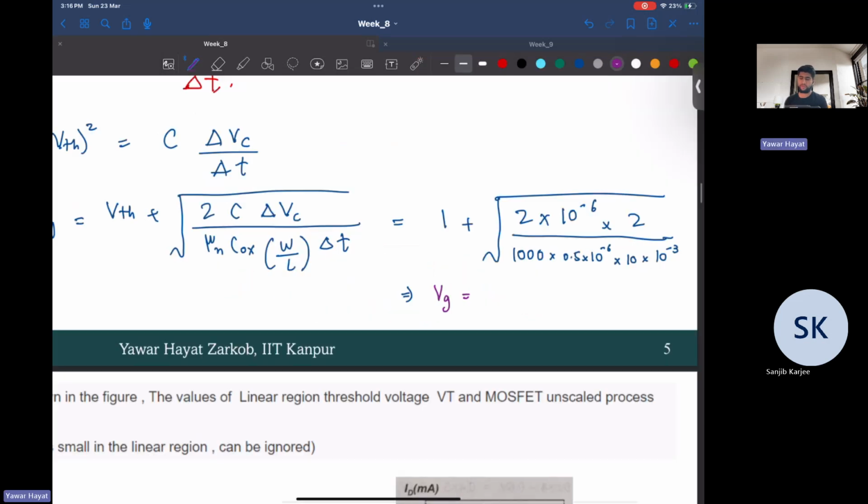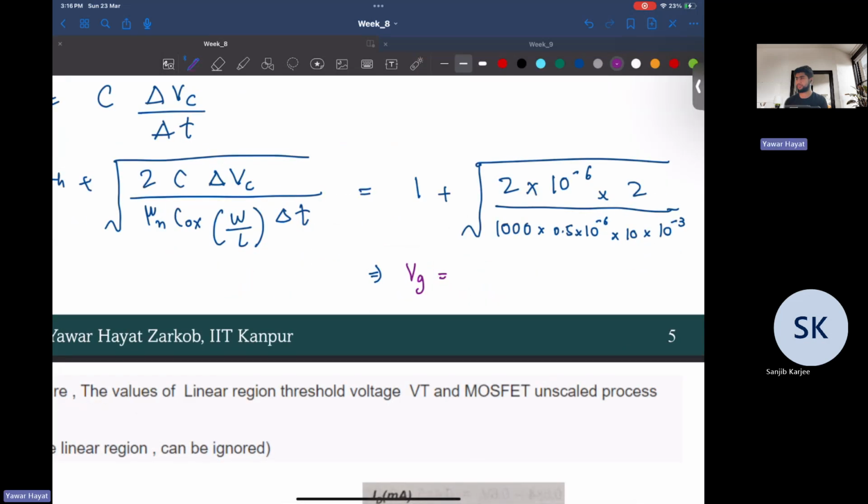So what is the value of the VG that you obtain? Okay, sir. It's 1.8944 volts.